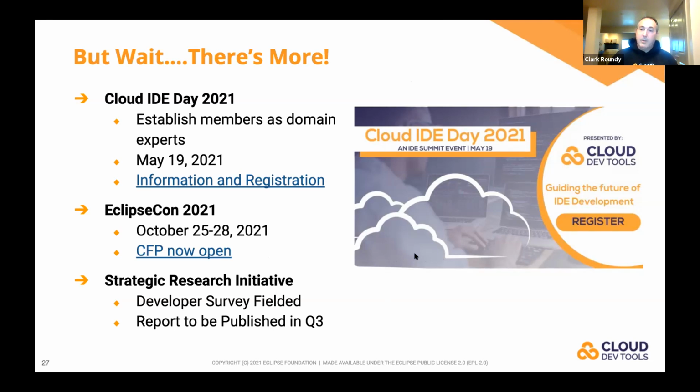We expect to see some really interesting developer data points that we can share with the community, and that can help us in our planning as to how we set up our roadmaps, things that we focus on as a community, and even at the project level. So we'll be publishing this in Q3 is the plan.